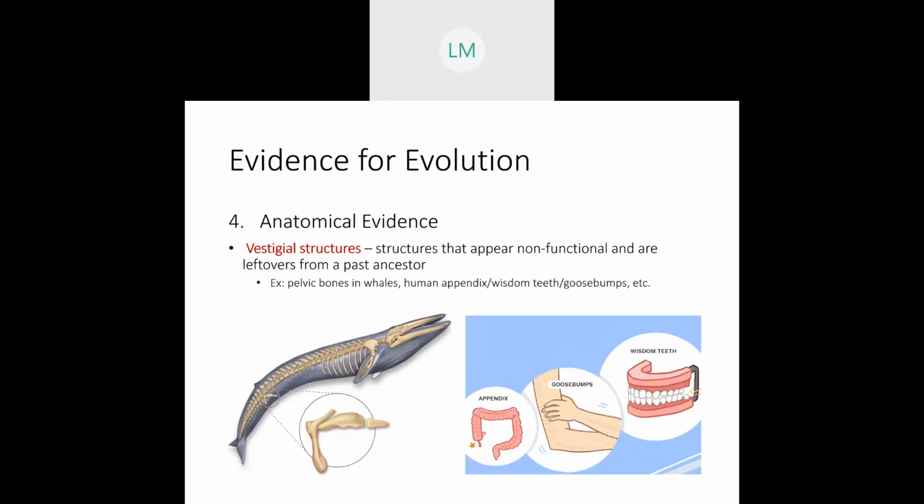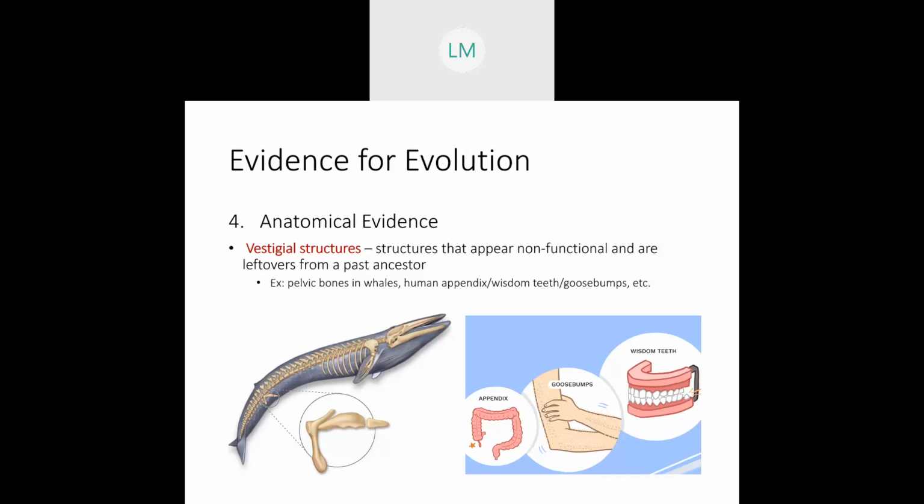We also have goosebumps. Goosebumps are a vestigial structure as well. A lot of times you see this in birds and mammals: if they're in a cold environment, they need to puff up to help keep them warm. If you get puffier, you can trap air close to your body, and then your body heat can warm up that air and keep you warmer.